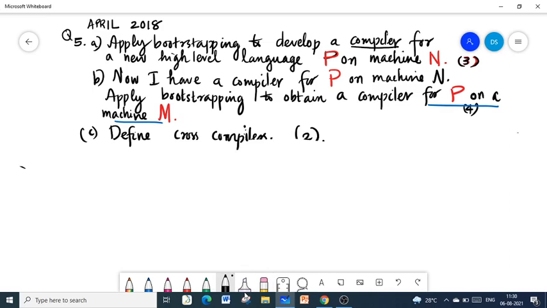So first one, as you all know, we can represent a compiler by means of a T diagram. A compiler is actually characterized by means of three languages.